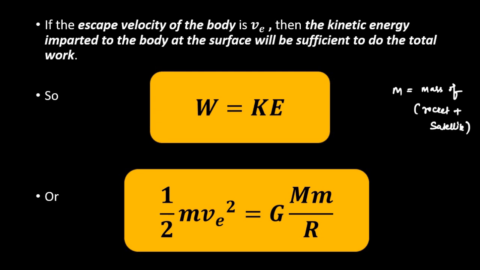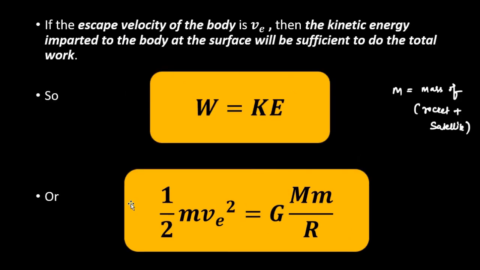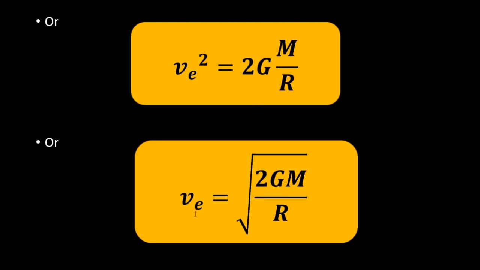So VE square is equal to 2 capital G capital M by R, because small m gets cancelled.